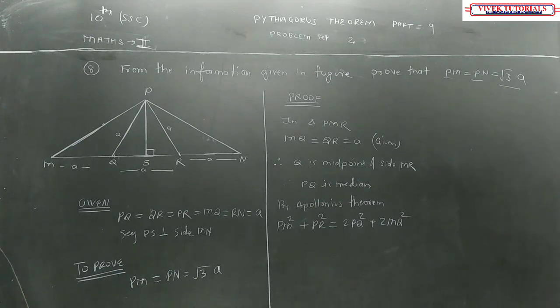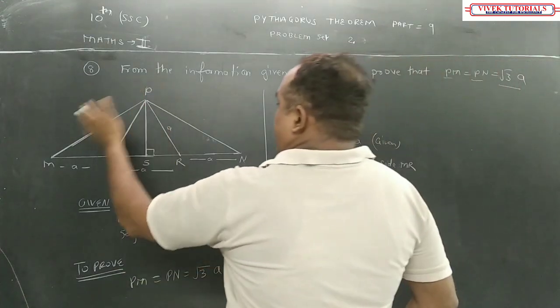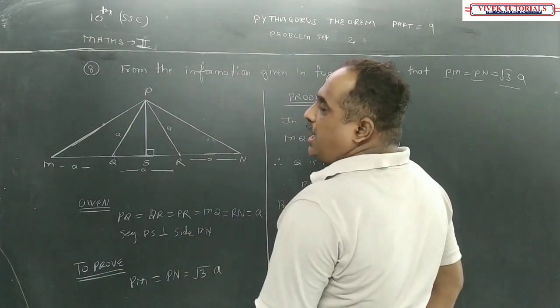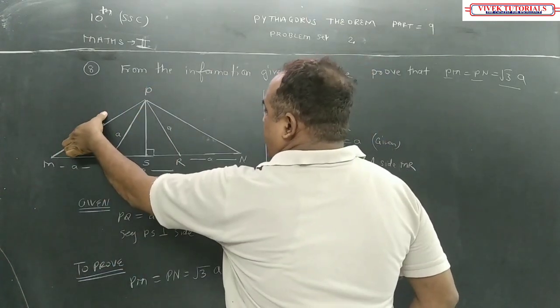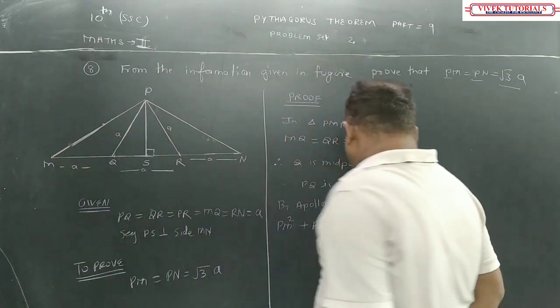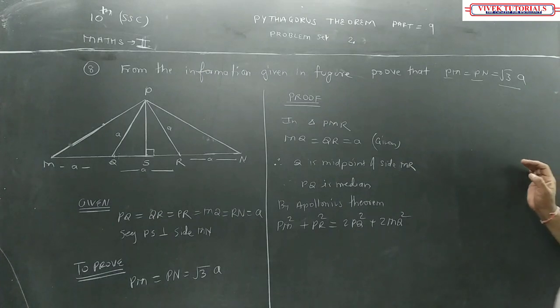Once again, in triangle PMR, PQ is a median, so PM square plus PR square is equal to 2PQ square plus 2MQ square.